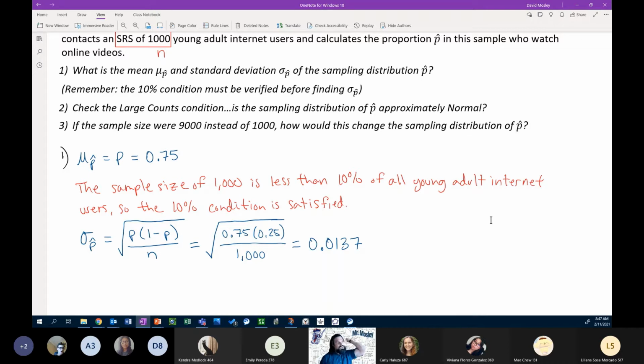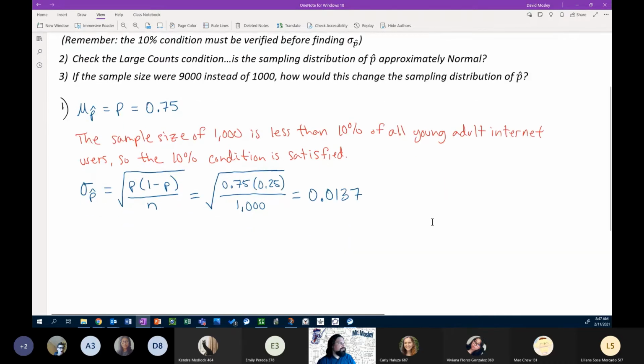Any questions on how I did the mean and standard deviation? Okay. So then, question number 2, check the large counts condition. Is the sampling distribution of p hat approximately normal?